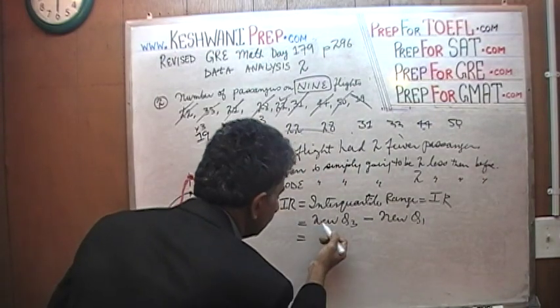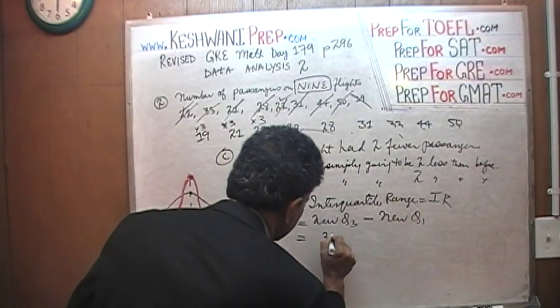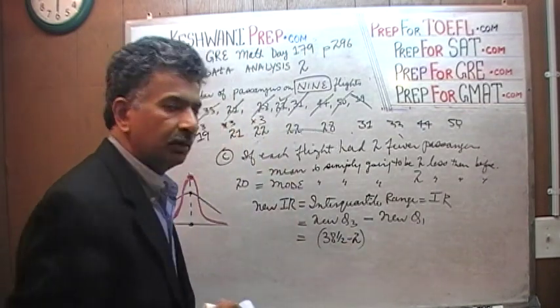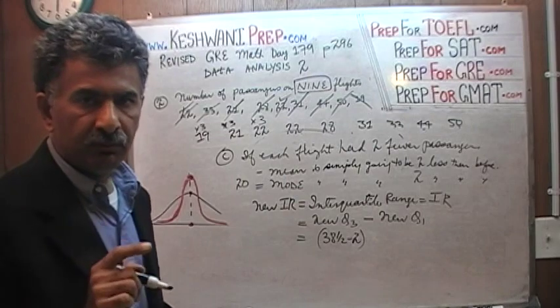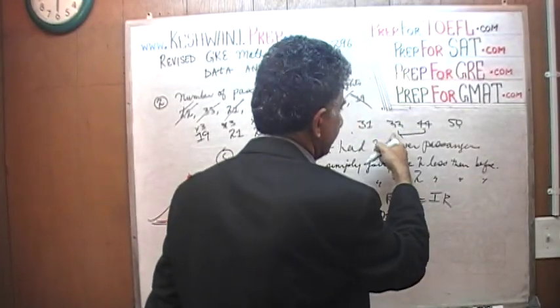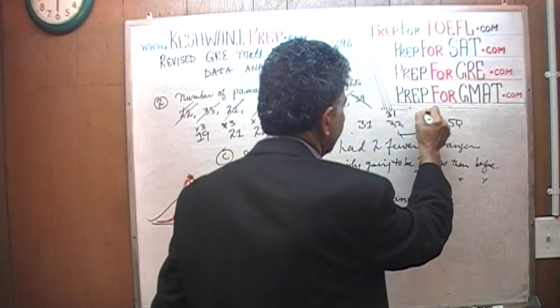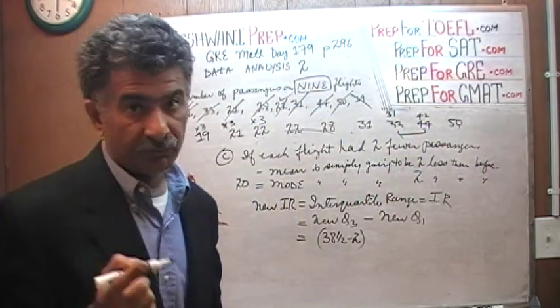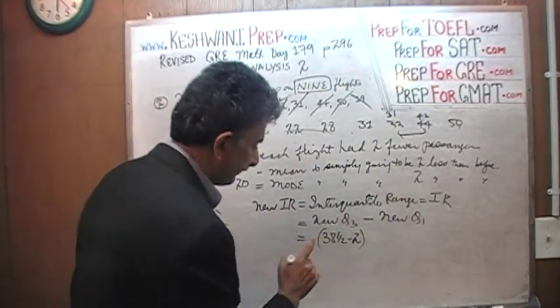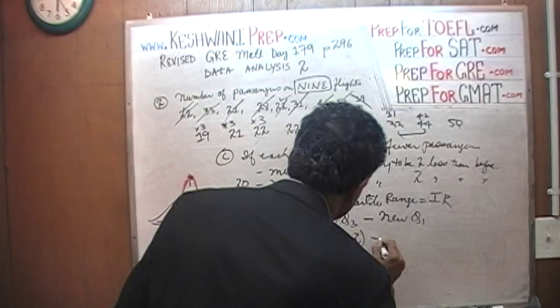The new third quartile is the same as the old one, 38.5, minus the 2. Because everything is reduced by 2, by the time you take the average of these two numbers, instead of 33 and 44, now we have 31 and 42. Their average is going to be 2 less than before, minus the first quartile.